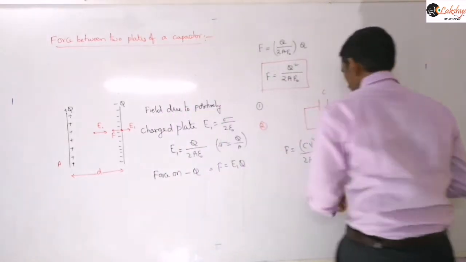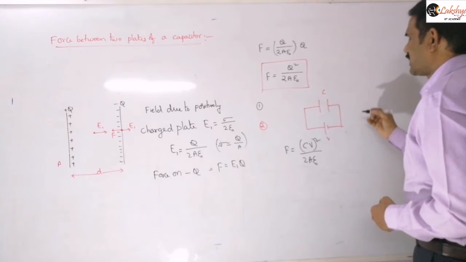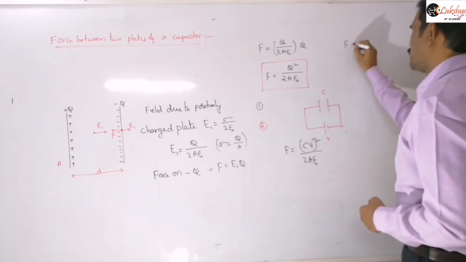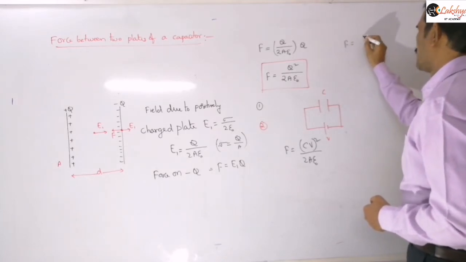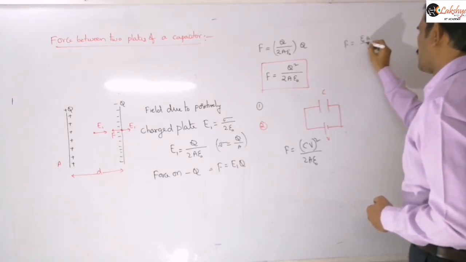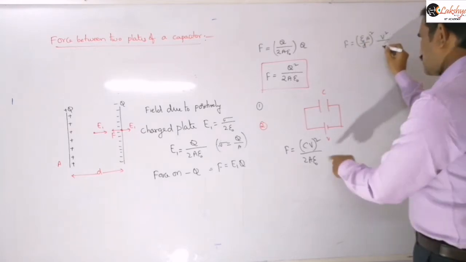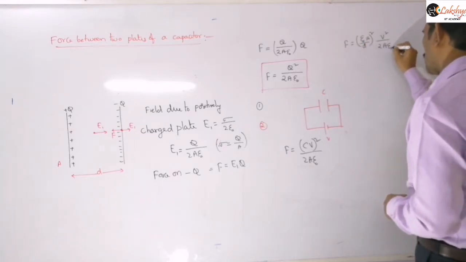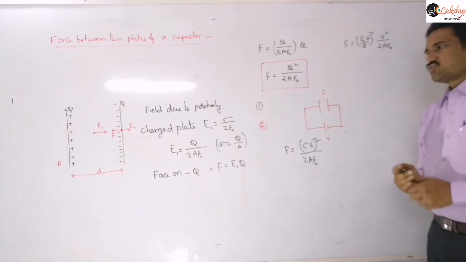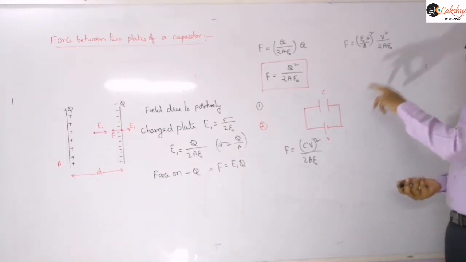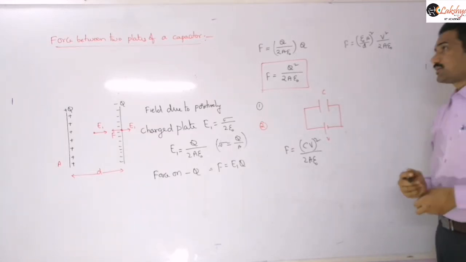And so now let us see this. The C value I can write as epsilon naught A by D, whole square. That means C square value this is. And the remaining V square by the denominator 2A epsilon naught. So I am substituting the capacitance of a parallel plate capacitor.